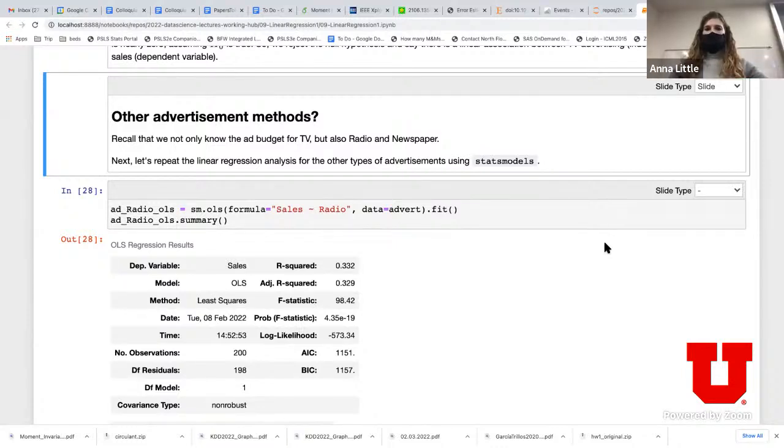The default is to compute the area in both tails, looking at both the probability of getting something really small and the probability of getting something really large. But depending on how your alternate is set up, you might just want to calculate the upper tail or the lower tail probability.